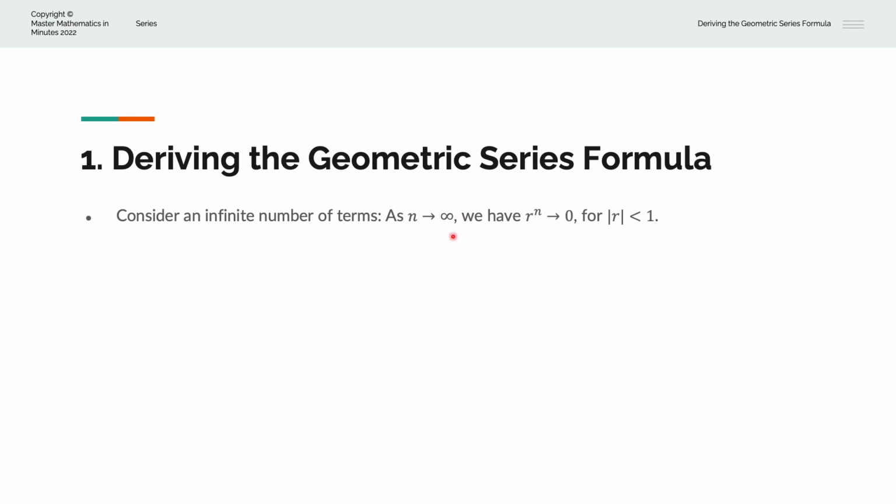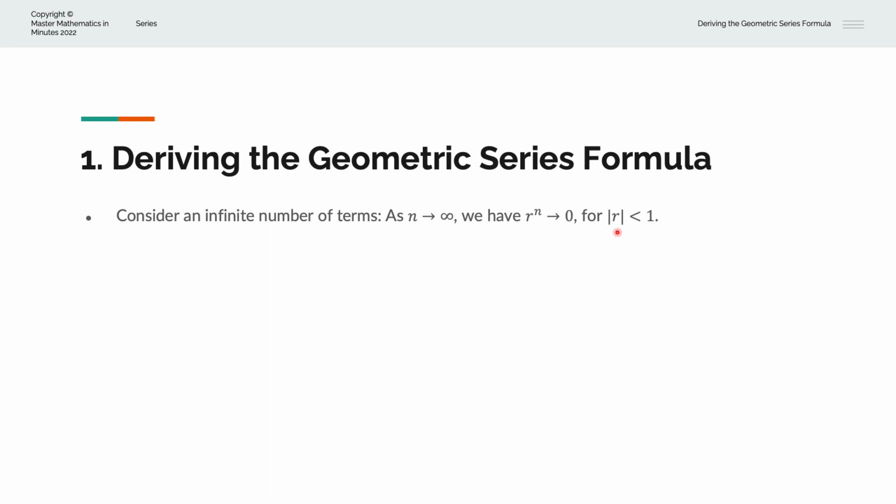So if you're summing across an infinite number of terms, and if the absolute value of the common ratio is strictly less than 1, we have the common ratio raised to the power of n. Remember, n is a really big number. That entire thing tends to 0.